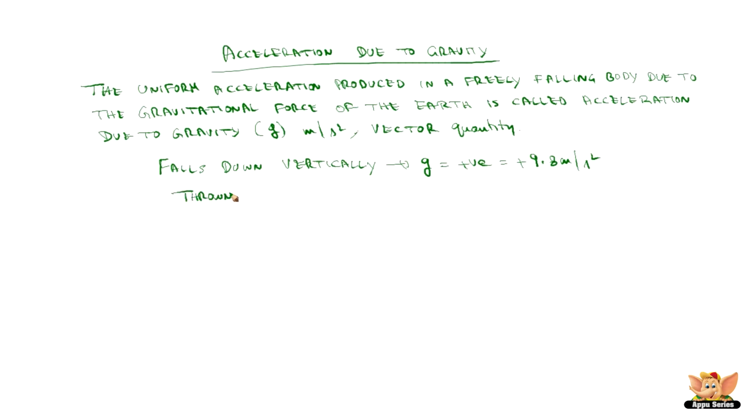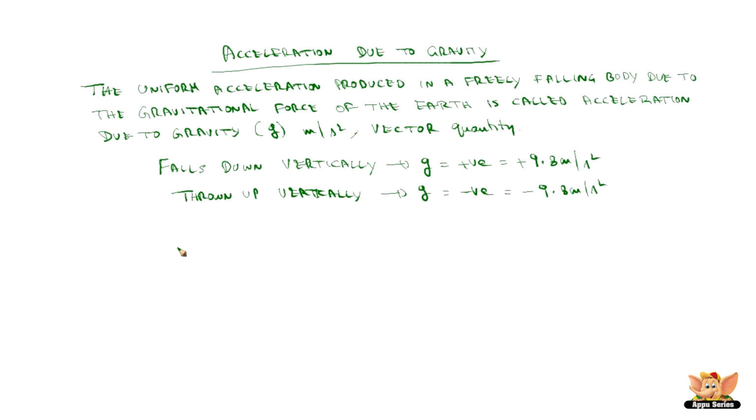And when the body is thrown up vertically, g is negative, which is minus 9.8 meter per second square. This is basically called a retardation because the velocity is decreasing here.